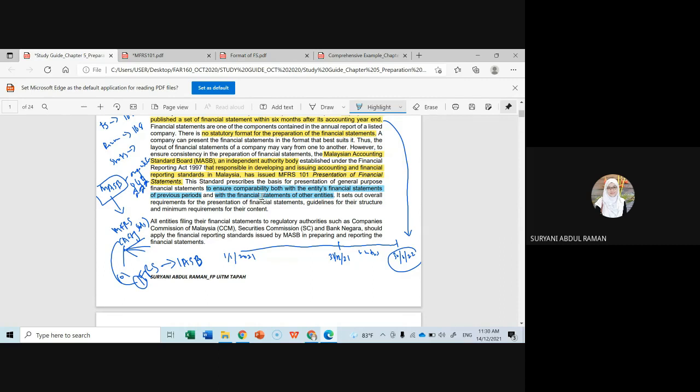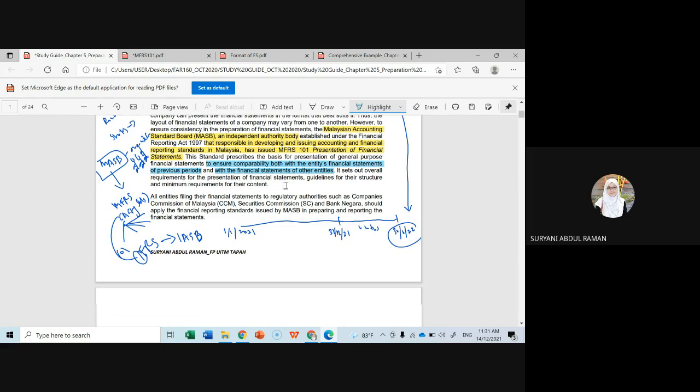Because you already use the same resource, that is MFRS 101. Since you are following the same guideline, of course the comparison can be done. Besides that, it sets out the overall requirements for the presentation of financial statements, guidelines for their structure, and minimum requirements for their content. These are the content and the purpose of MFRS 101.